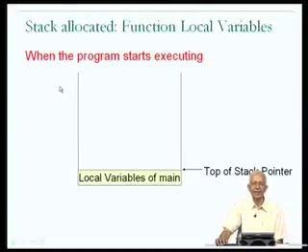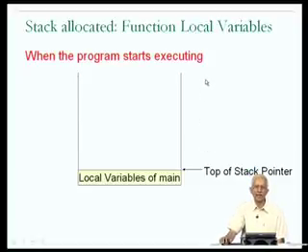Since I just talked about stack allocation, let me start with stack allocated function local variables. So the picture that you should have in mind is, associated with the execution of your program, there is a stack. The stack is going to be used for things like the local variables and parameters of the different functions that your program calls. So when your program starts executing, there could be some local variables on the stack associated with the function that your program starts executing with.